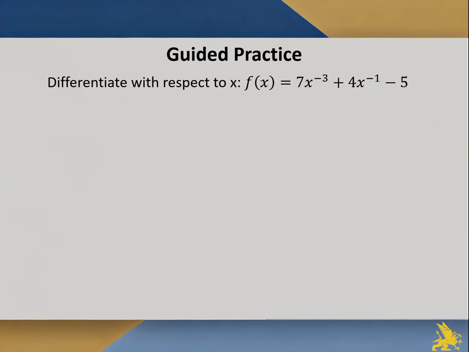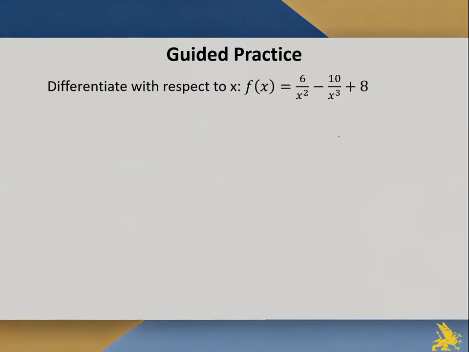The first thing here is I'm going to apply this power and take it to my coefficient, and I will subtract 1 from the power. So that gives me negative 3 times 7, and x to the power of negative 3 take away 1. And then I've got negative 1 times 4 is negative 4, x to the power of negative 1 take away 1, and I simplify it.